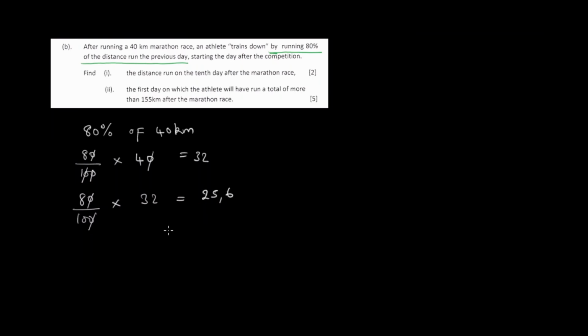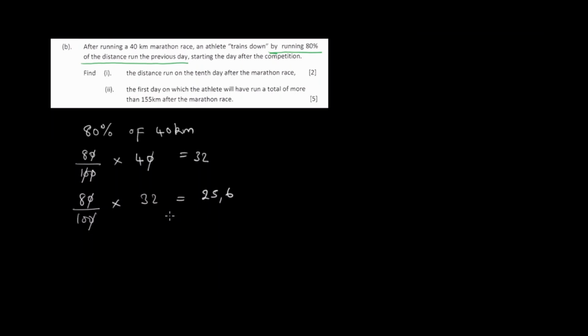So he keeps running 80% of the previous day's distance until he can't run anything. So you are correct that it's a GP. But we know that if we have a GP, we must have a common ratio.